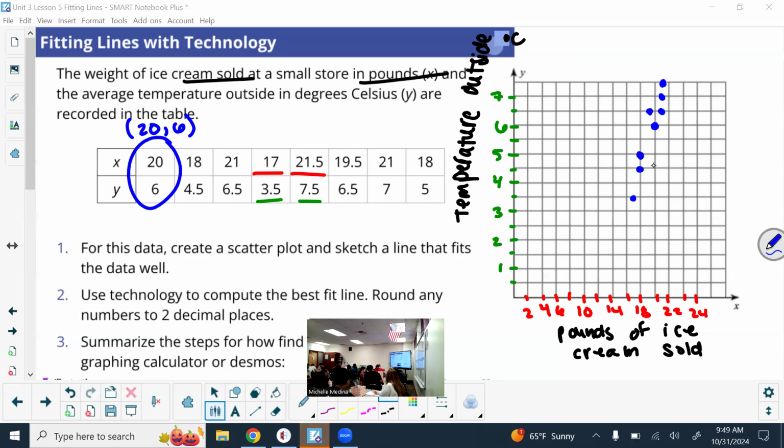Okay, so I finished my scatter plot, so that means yours should be almost done, I hope. If you need help, let me know.